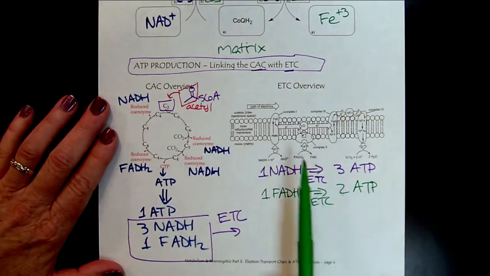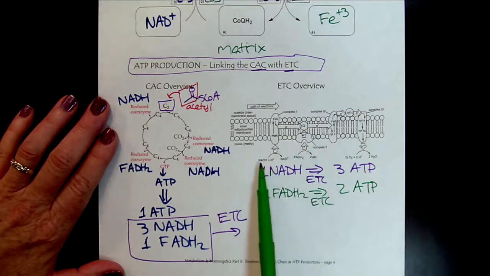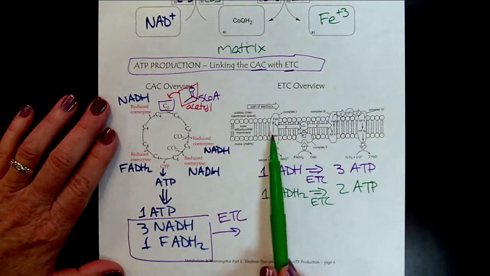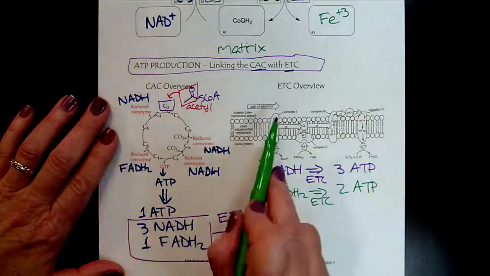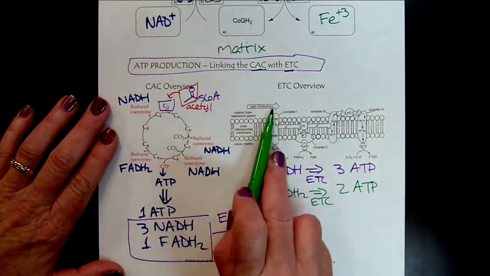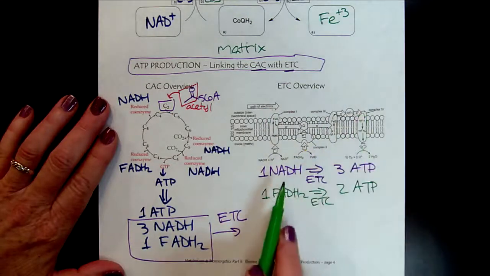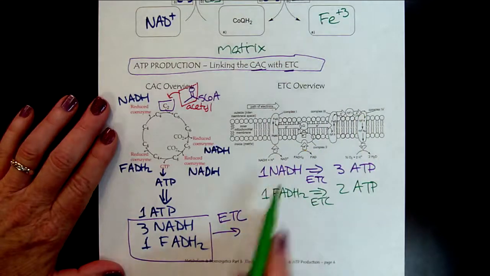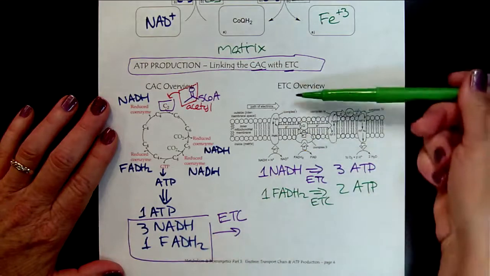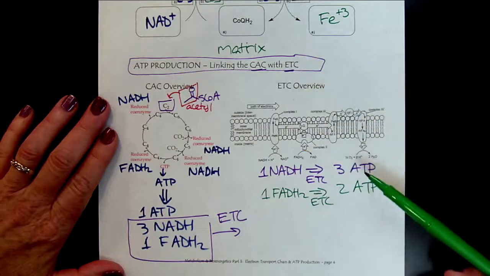And that's because, remember that NADH enters at complex 1 and can pump protons through complex 1, complex 3, and complex 4, right? So NADH pumps more protons into the intermembrane space, so we get more ATP.